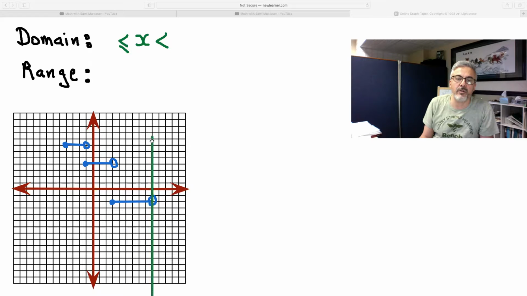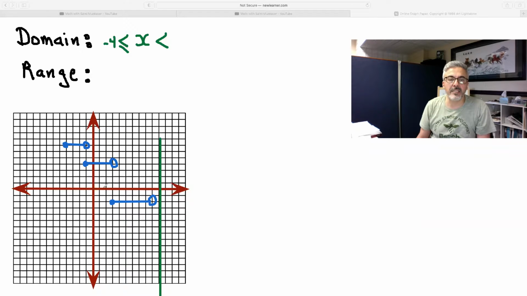This is an open circle, and that's where it stops. So for the domain, the beeping starts at -4 right here, and it finishes at 9. 9 was not included because it's not a solid point. It's just an open point right there, which means the 9 is not included.